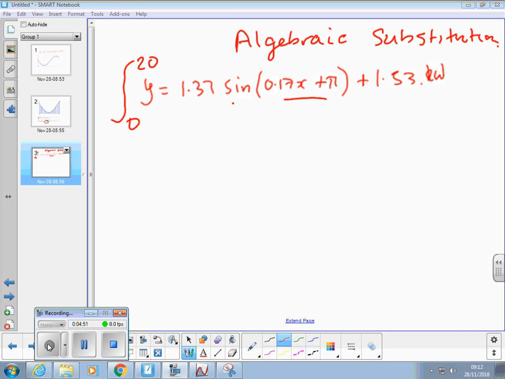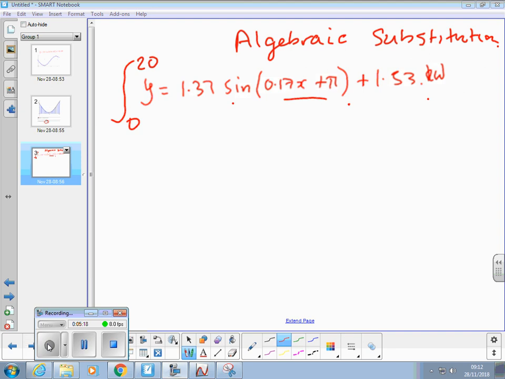If you want to integrate that, you can separate it into two integrals: the integral of this part and the integral of the constant at the end.